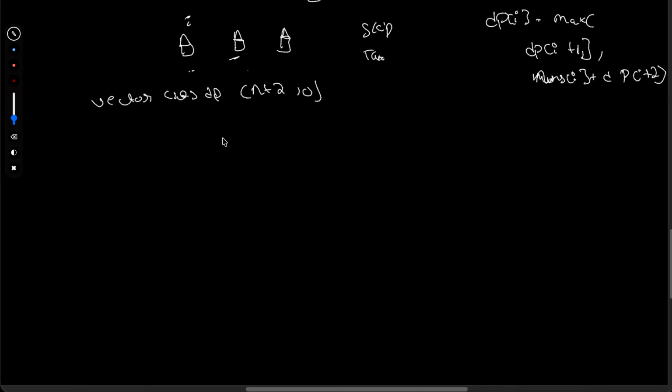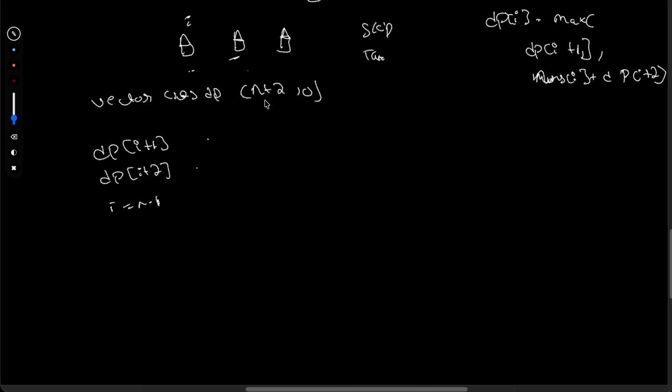We made dp size n plus 2 because dp of i plus 1 and dp of i plus 2 should exist, even when i is equal to n minus 1.